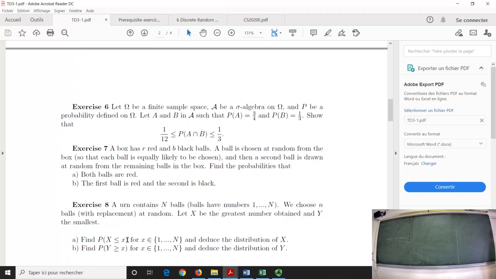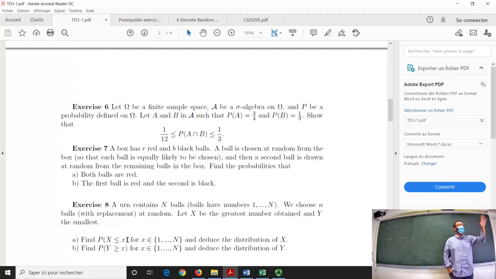Do you have an idea for the other one? Can they intersect in one element? No. I repeat, it's not possible for you to take a particular case. I want you to prove this in full generality.